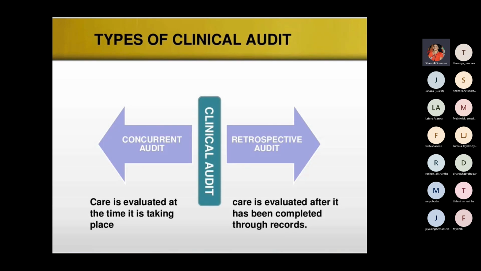The concurrent clinical audit means we are evaluating the care at the time when the care is going on. For example, if a nursing officer is providing a treatment or care to the patient, we observe through direct observation how she is doing the care.